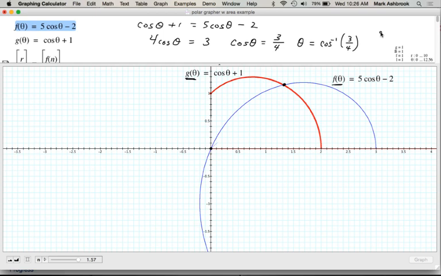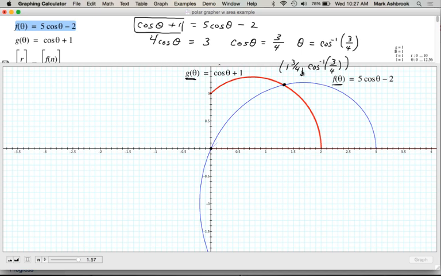And then to get the value of r, if cosine theta is 3/4, then we're talking about a value of r of 1 3/4. So this point is (1 3/4, inverse cosine of 3/4).